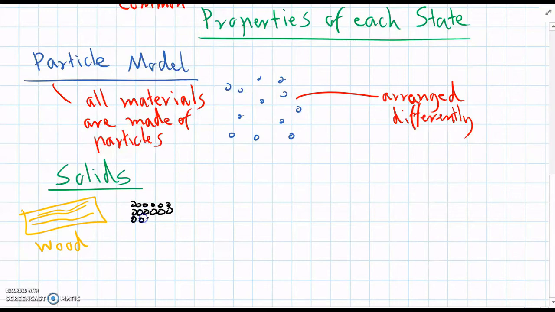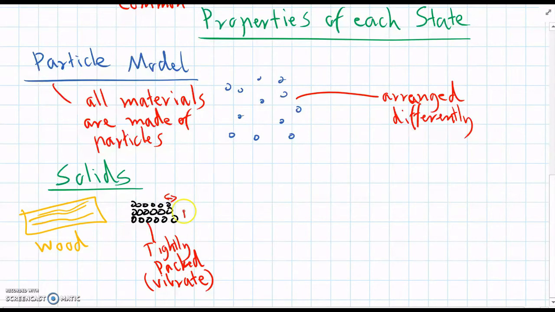All the particles that make up the wood, they're tightly packed. And the particles are still moving, but they can't move very far, so they just vibrate, back and forth and up and down.